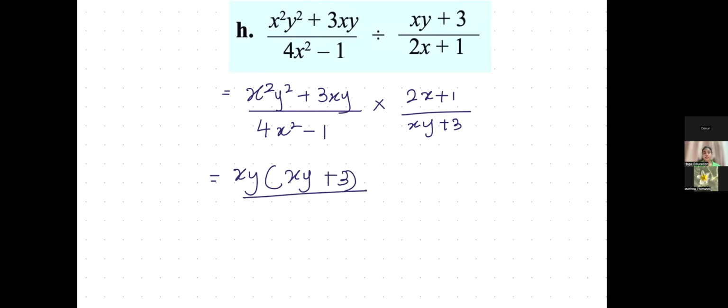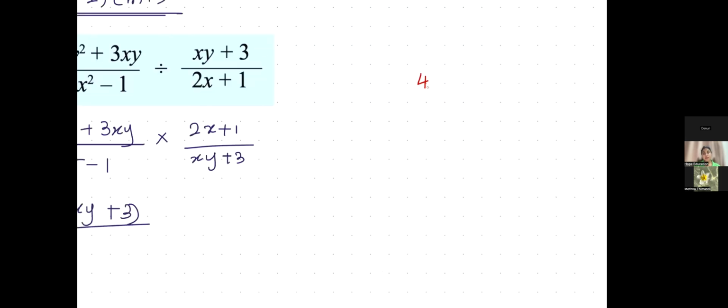In the denominator we have 4x squared minus 1. 4x squared minus 1 is again a difference of two squares, right? Because these are all square terms. 4 is 2 squared, then we have x squared, then we have 1 squared. I open two brackets. Here 2x, 1, 1.